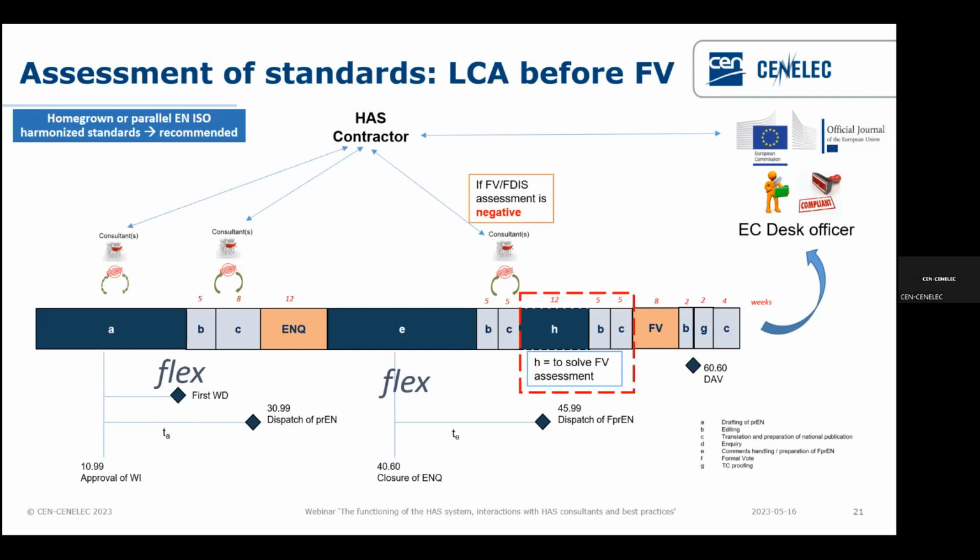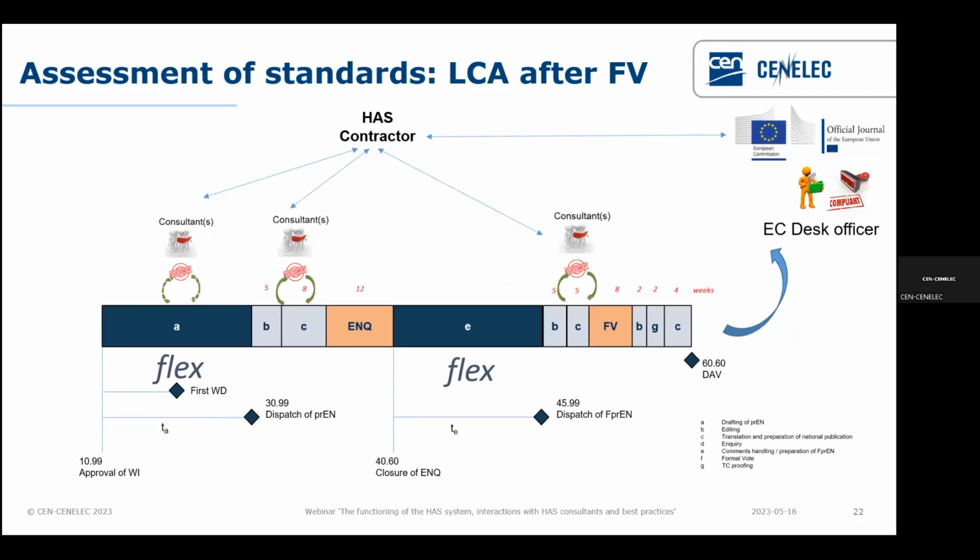This is normally possible when there is a reference from homegrown or parallel work with ISO, because it is possible to delay the process. In case there is no possibility of doing the last conformity assessment before the formal vote, there is still the possibility to do it afterwards. But in this case, not all the comments from the HAS consultant can be addressed, as the formal vote was already launched and voted.